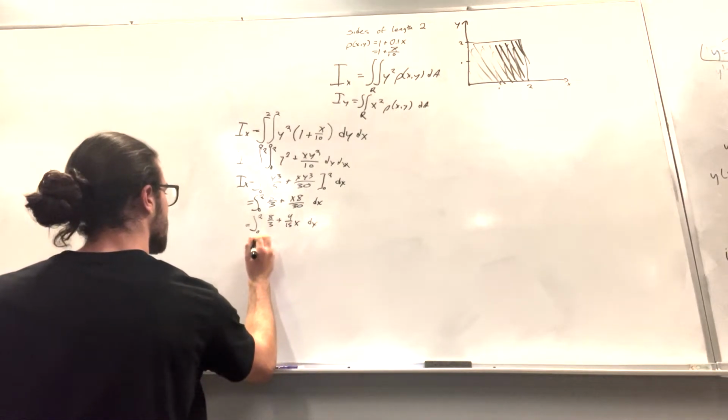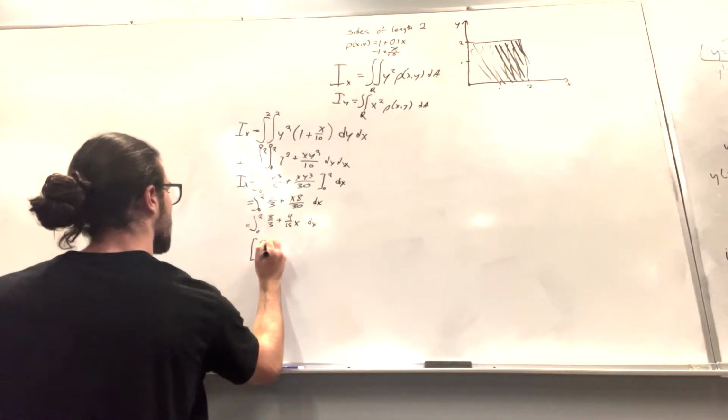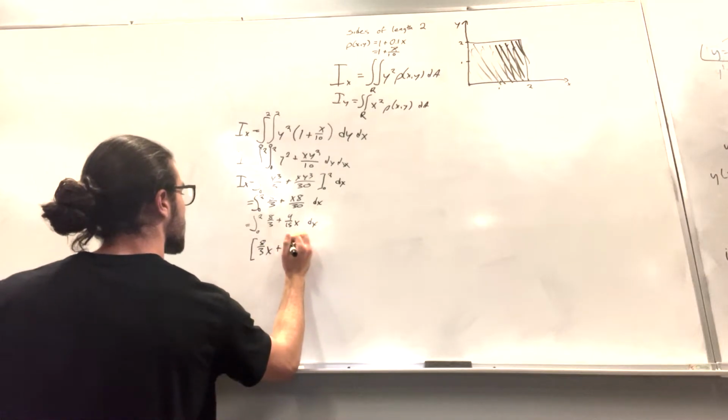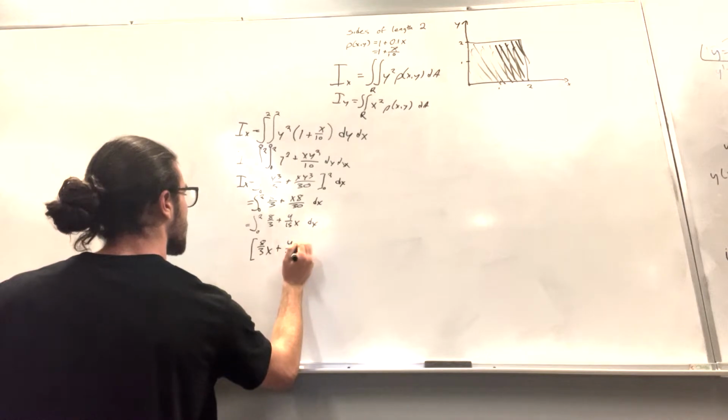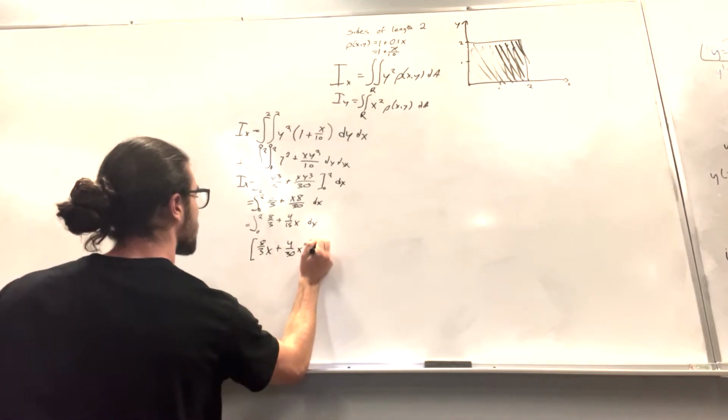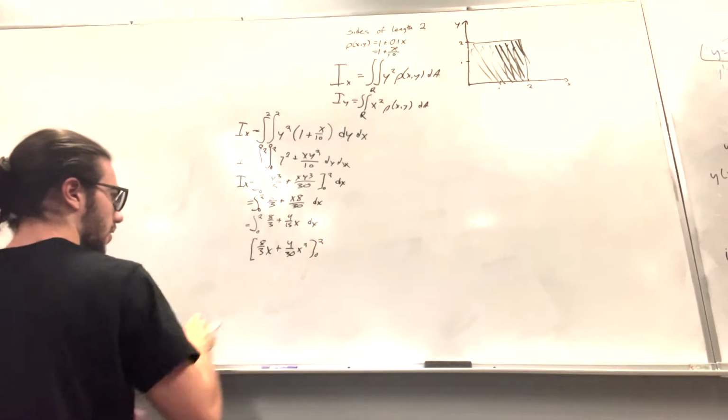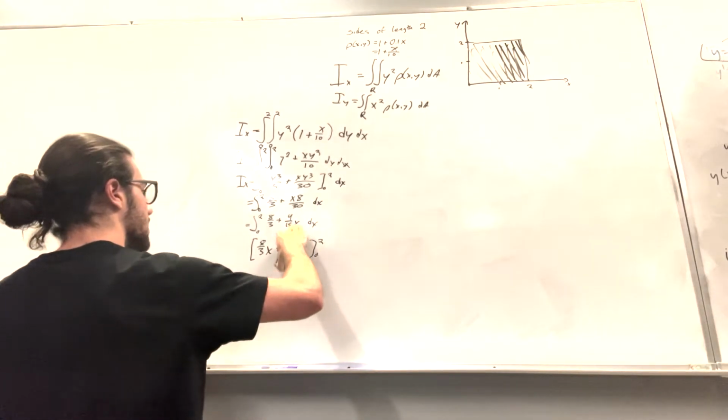Then we can solve this. So 8 thirds x plus 4 over 30 x squared, from 0 to 2. 4 over 30 can simplify into 2 over 15 again.